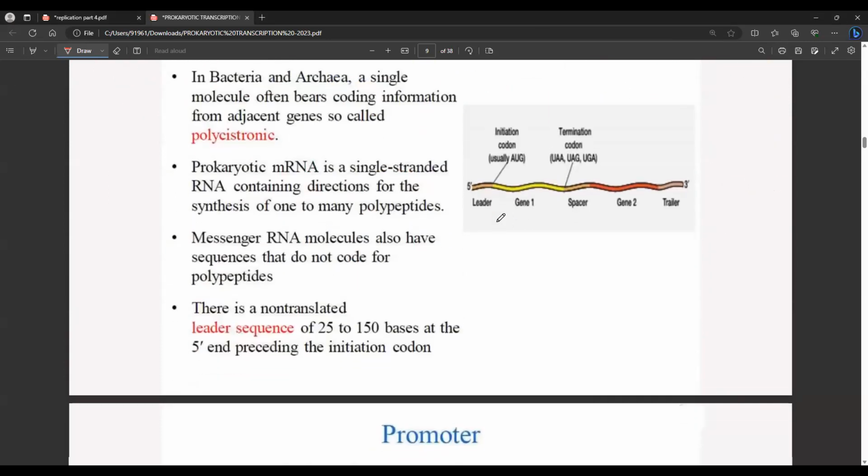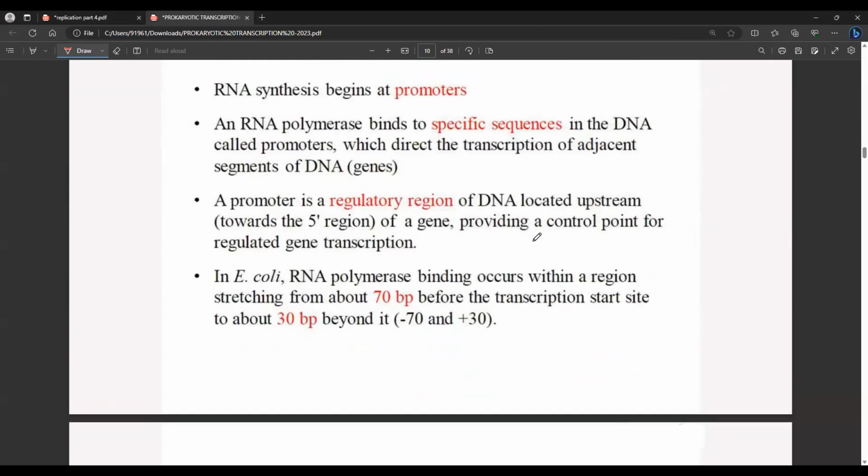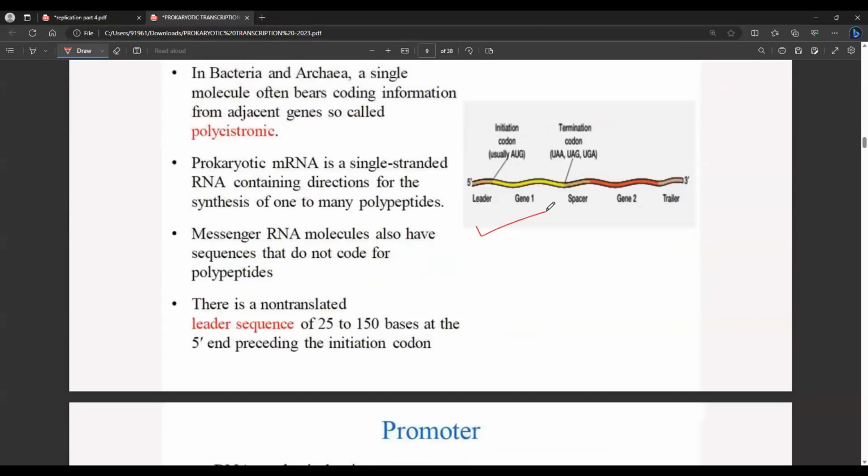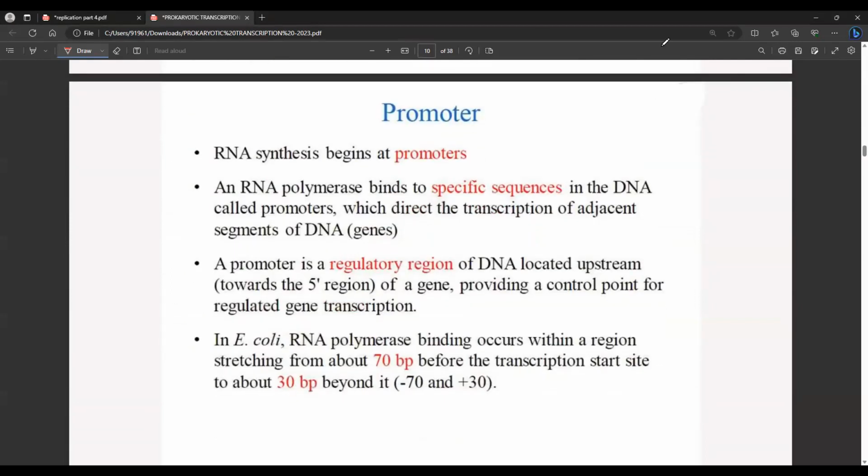Remember the point correctly. Okay, now you understand what is polycistronic. You understand what is monocistronic also. Now look into the point very correctly. What is a promoter? What is the definition I have given to all of you?